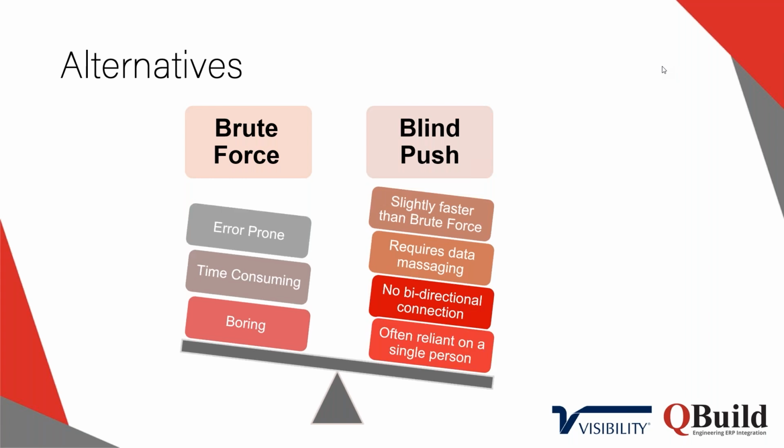And lastly, it's often reliant on a single person. This single person is more often than not just IT or another department. Sometimes we hear that IT has gone on vacation, and because of that, the manufacturer is now struggling to get their data into visibility because people aren't sure how to do that process, or they're not aware of that process, which is downtime that we don't want, to keep ourselves efficient and customers happy.